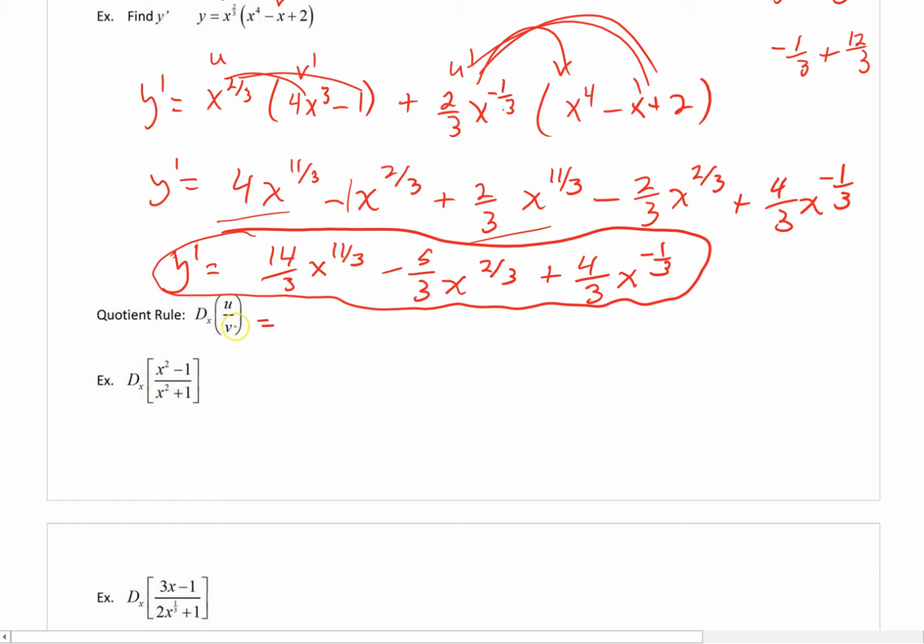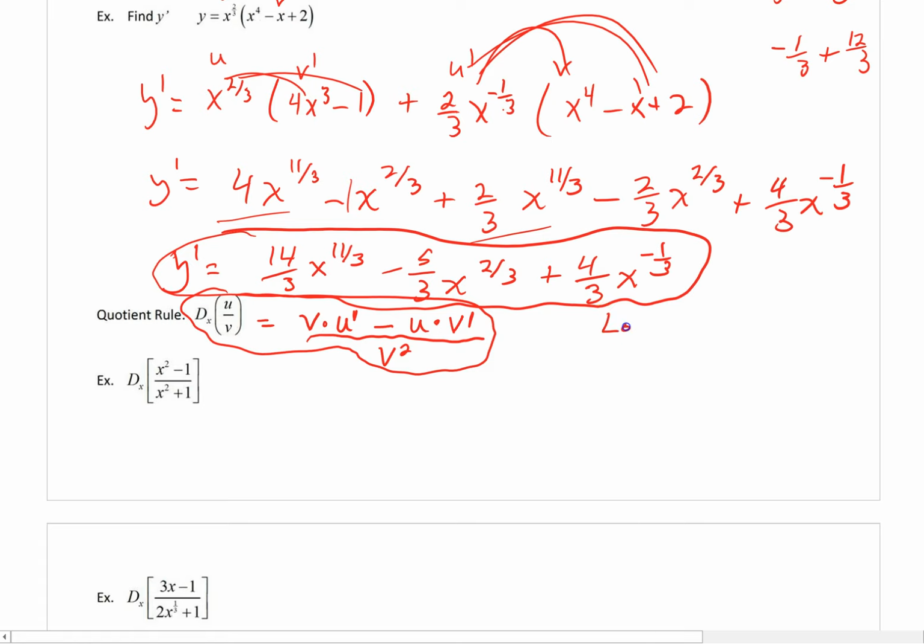It's the lower function, v, times the derivative of the upper function, that's u prime, minus the upper function, u, times the derivative of the lower function, that's v prime, all over v squared. And there's a little saying that can help you memorize this.